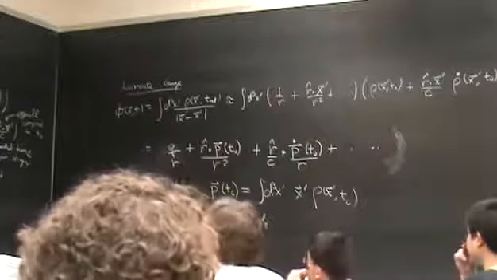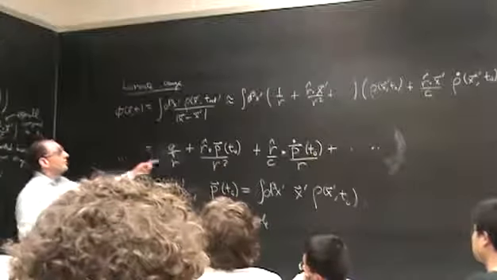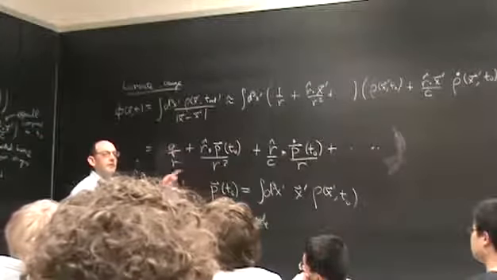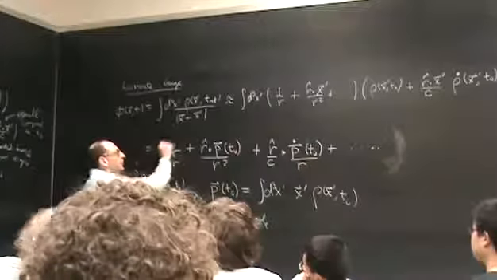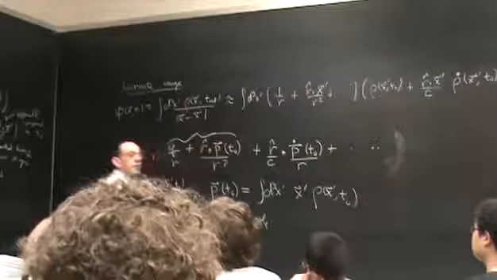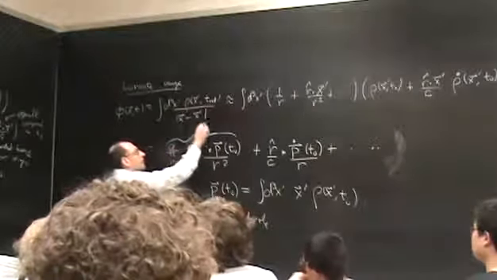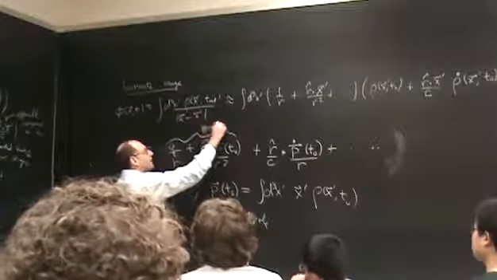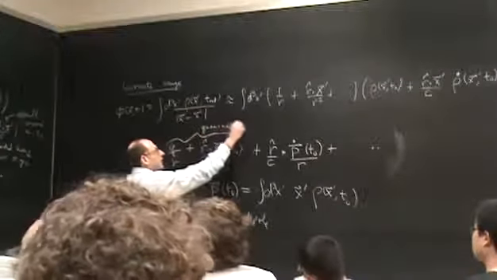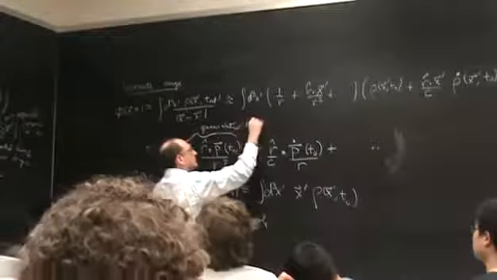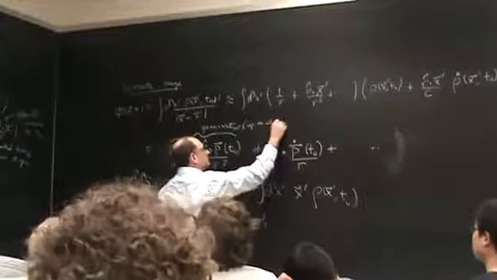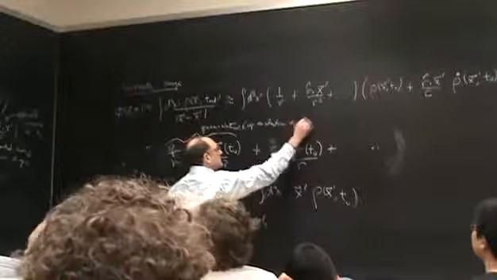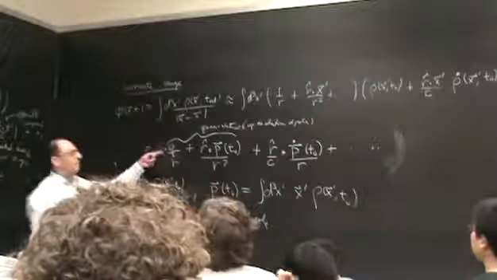So good. So these terms are familiar, maybe. This is what we had from statics. This is what I would call quasi-statics, up to dipole. So this was our monopole potential.